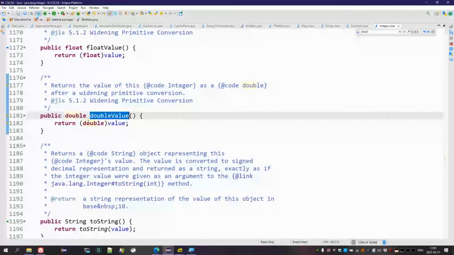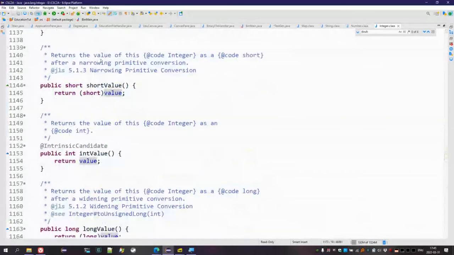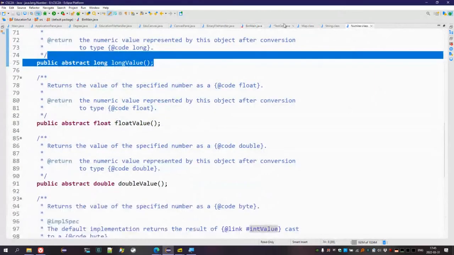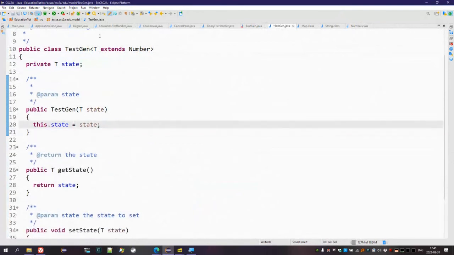It has to implement this method, so you can see it just takes the value and converts it to double. There's a float value, converts it to a float, so whatever the case may be. So that's how you can use bounded types to restrict type parameters to something specific.